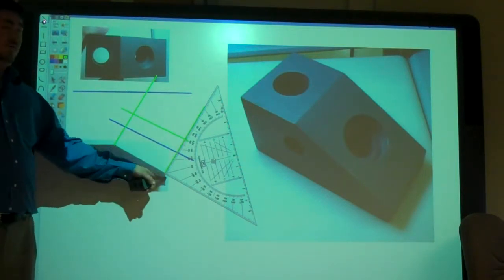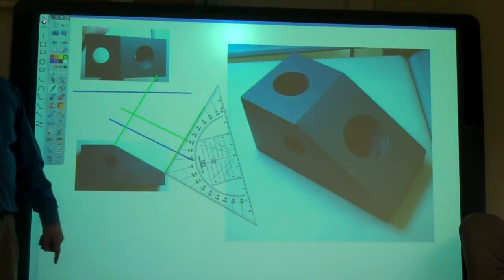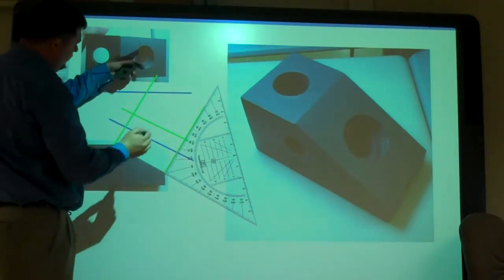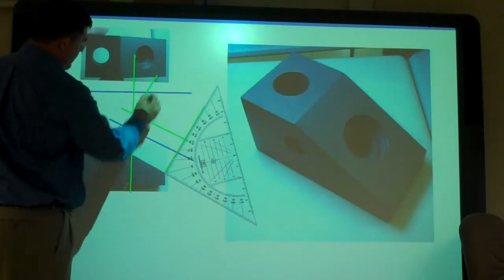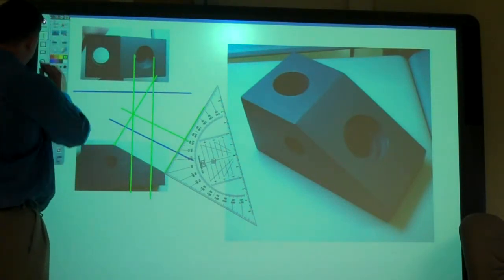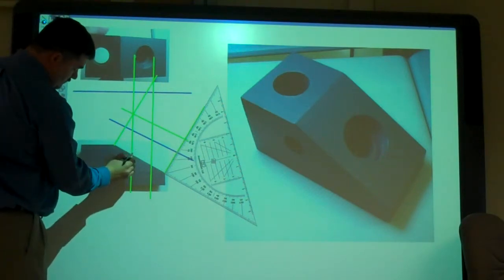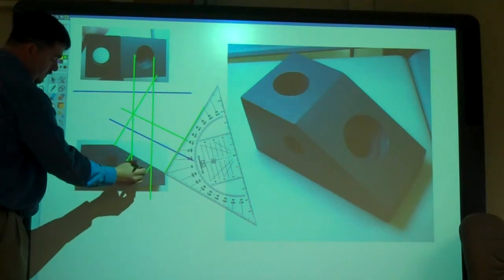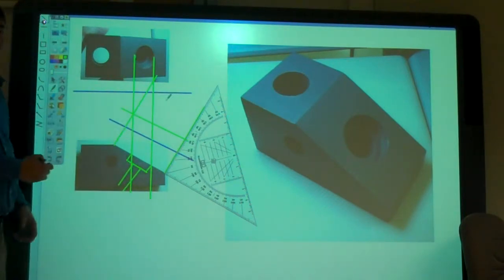So we go from where the corners are. Here I don't know where this was, so I could project that down. So now I know that hole is going to go something like that. And now from here I can go up this way.